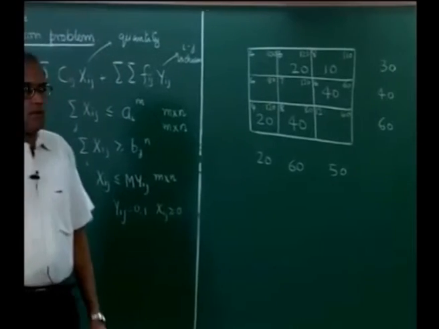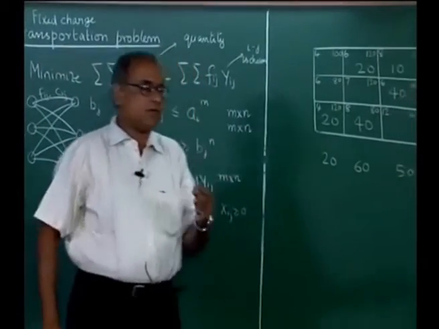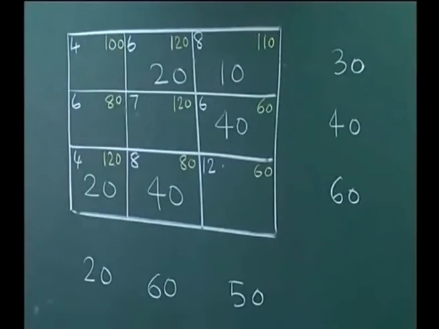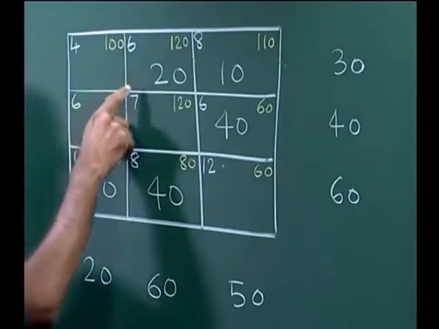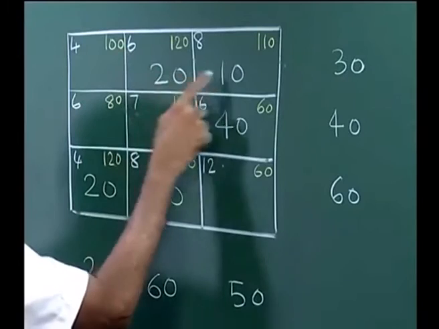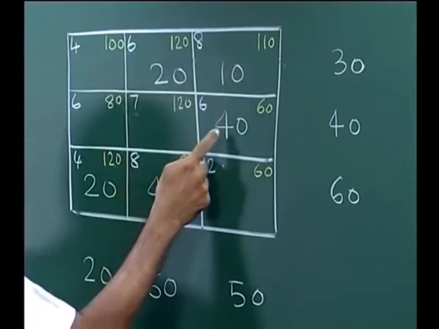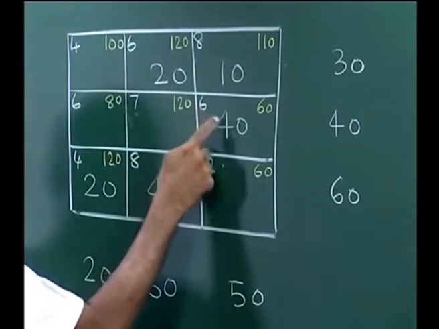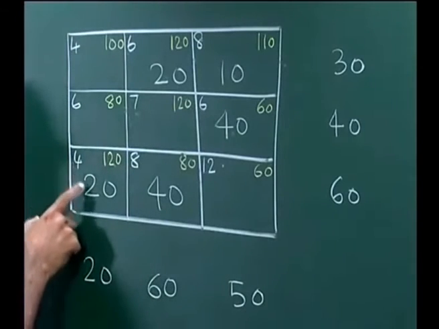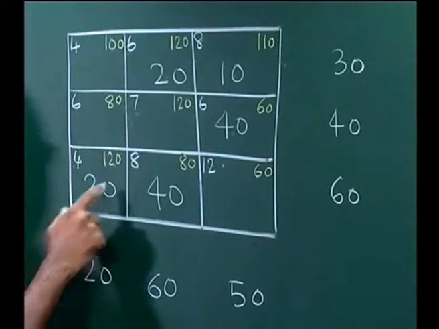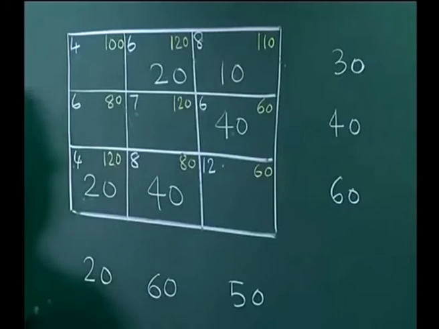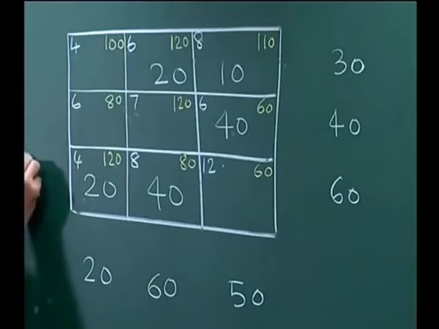So this is the optimum solution to the transportation problem without the fixed charge. So the Cij Xij component of this is 20 into 6 is 120 plus 80 is 200, 200 plus 240 is 440, 440 plus 80 is 520, 520 plus 320 is 840 that we saw.